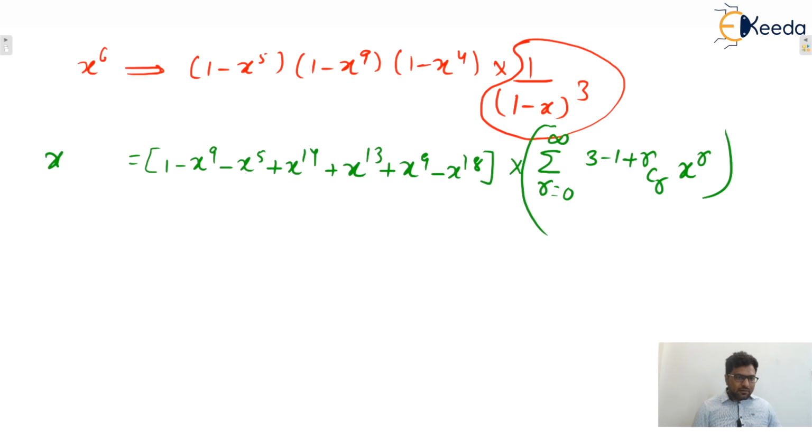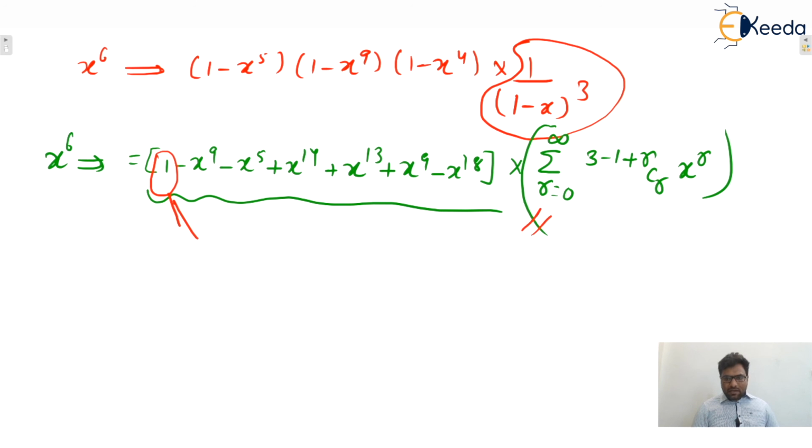Now when will we get the x power 6? On multiplication, when 1 is multiplied with this when r value is 6, then x power 6 will be there. Here x power 9 has already exceeded. In x power 5, it is multiplied when r equals 1. Then x power 5 into x becomes x power 6. Then one more term is missing here.